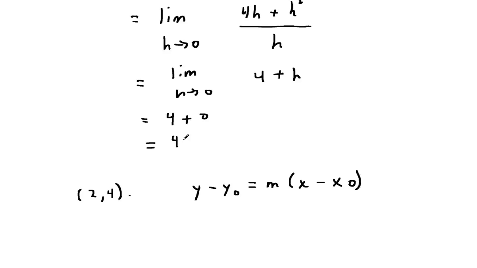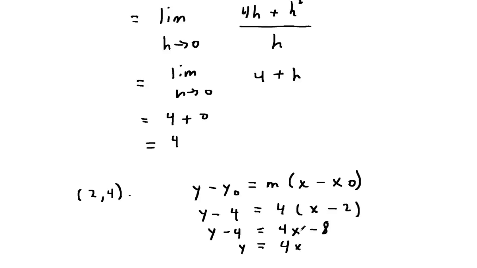I'm just going to plug in what I got for m, which was 4, and y0 equals 4, x0 equals 2. Okay, solving for y, I get 4x minus 4. So that's our tangent line.